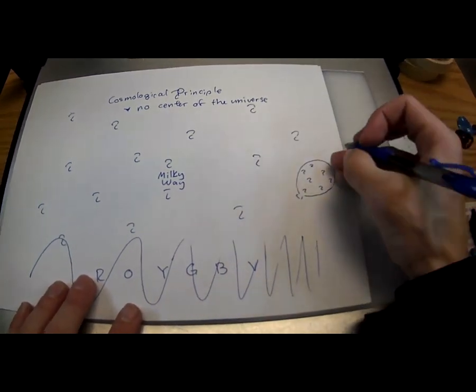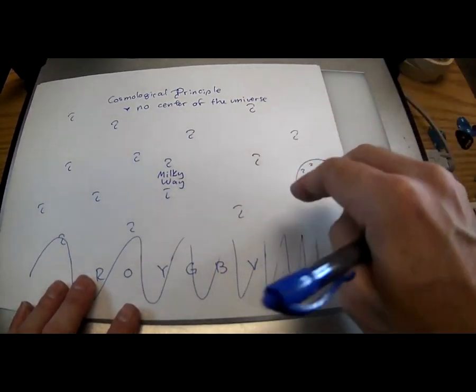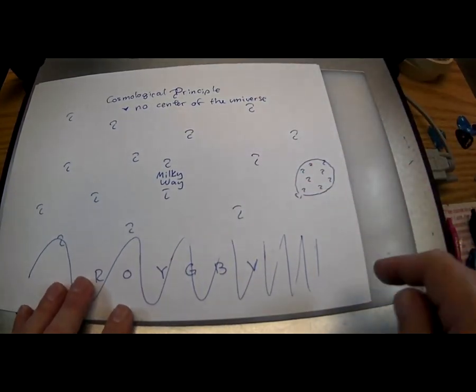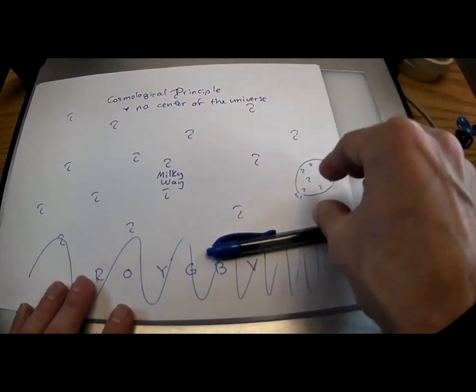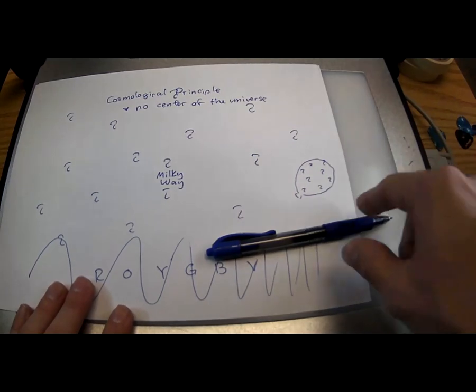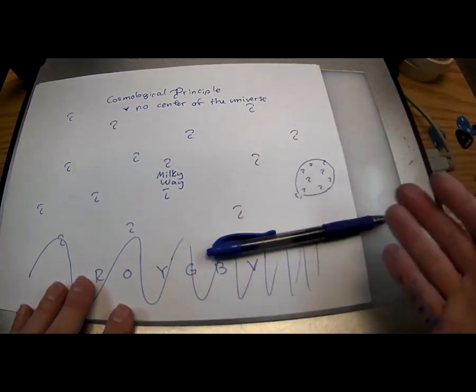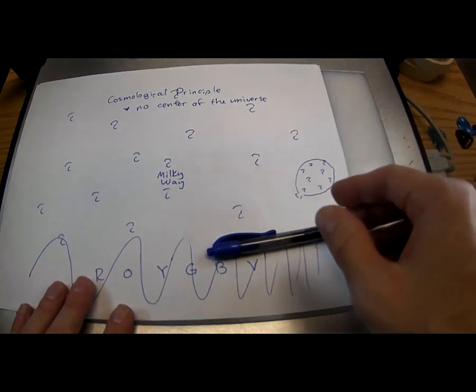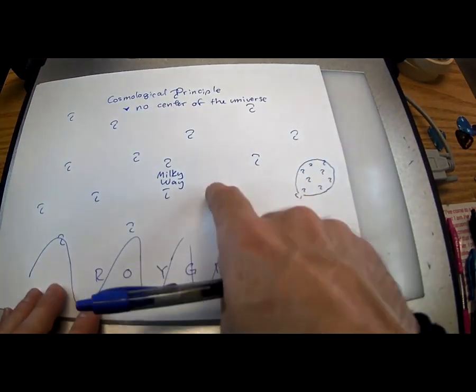The surface of this latex balloon represents 3 spatial dimensions. If you blow up the balloon, all the galaxies would move away from each other, right? But where would the center of the surface of the balloon be? Well, there is no center of the surface. So that's sort of analogous to what's going on with this cosmological principle.